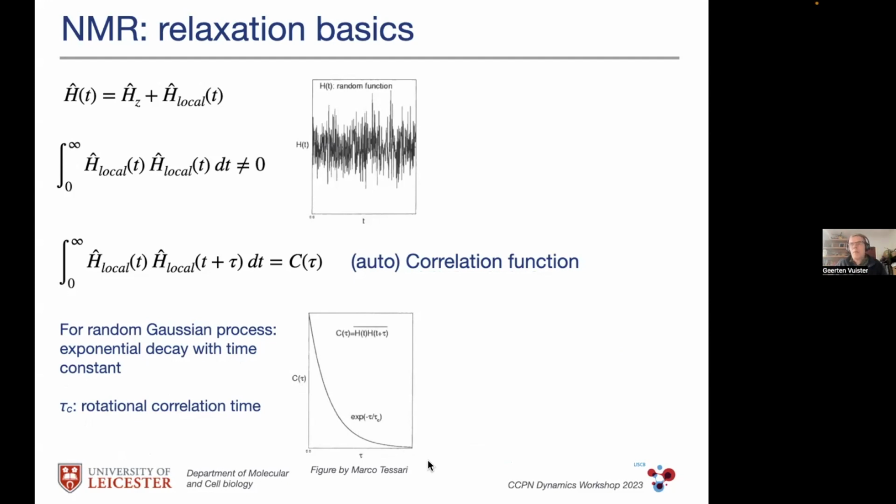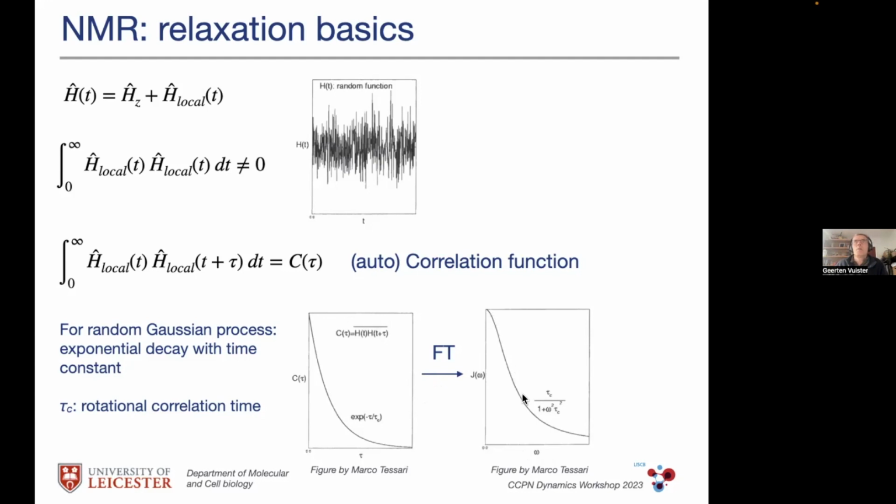So if we assume that the molecule is just having that behavior, we can assume that the correlation function is an exponential. Now, the spectral density function is simply the Fourier transform of this function. And as we know, if we do a Fourier transform from time, we go to frequency in the other domain.